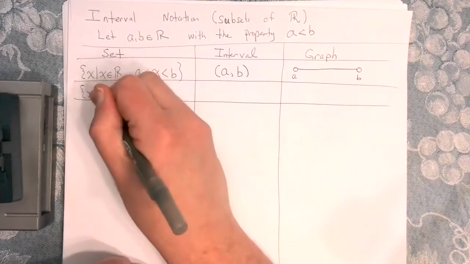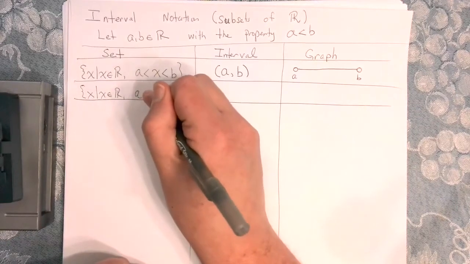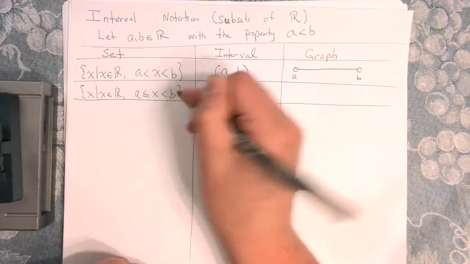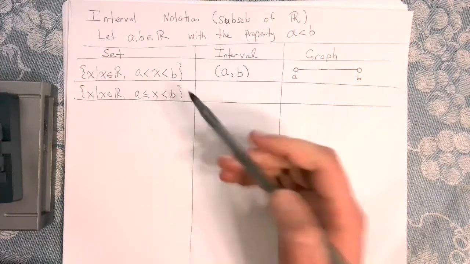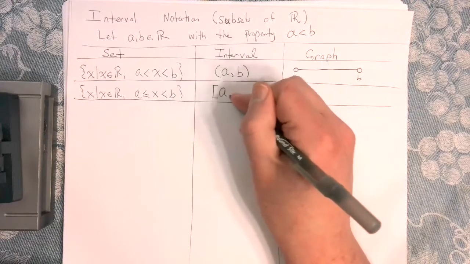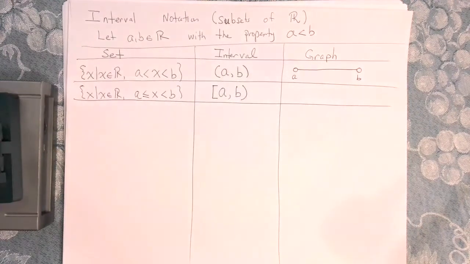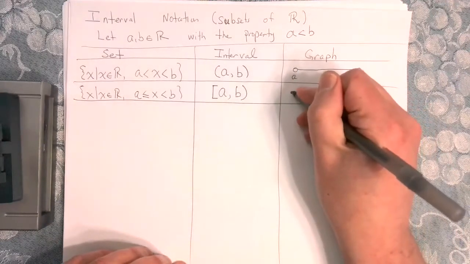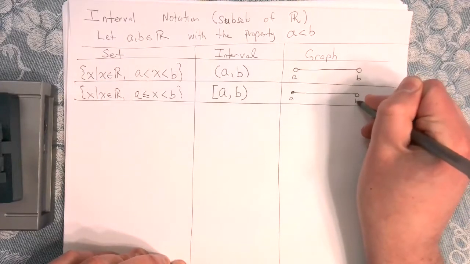Okay, for our next set, let's consider the set of all x's that are real, where x is greater than or equal to a, yet strictly less than b. So here we want to include a, exclude b, and we want all the elements between. So here's how we include the endpoint with this notation, this little bracket. And we exclude b with a soft parenthesis. If we're including a, that point gets filled in. But since we're excluding b, that's open.